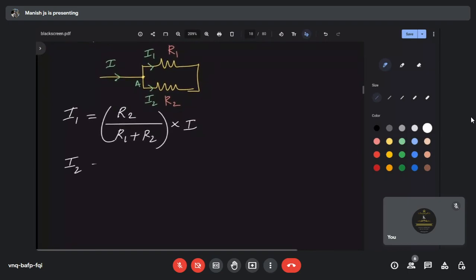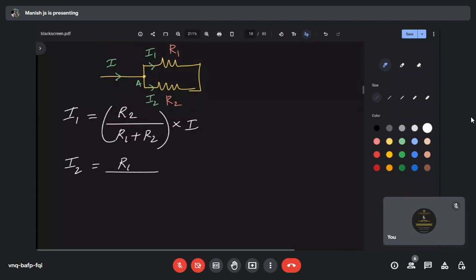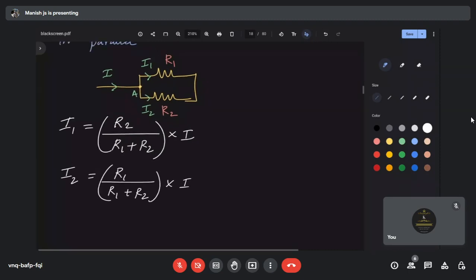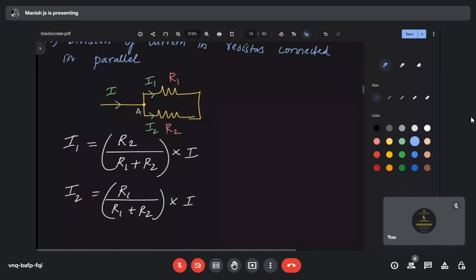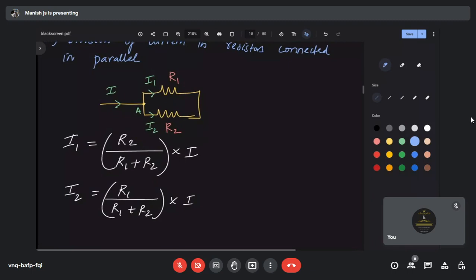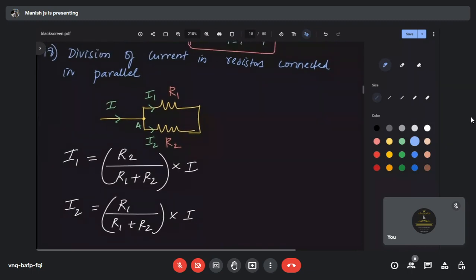In the same way, I2 can be written as R1 upon R1 plus R2 into I. This is called a current divider. We are trying to divide the current and write down the formula. These are the formulas for the distribution of currents in the resistors when they are connected in parallel.